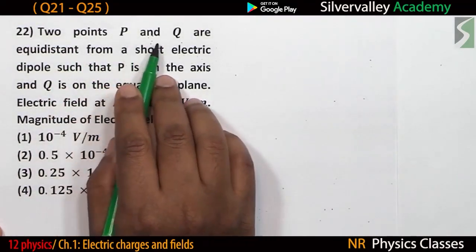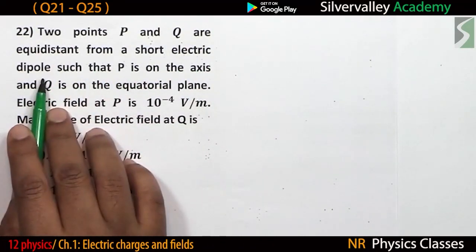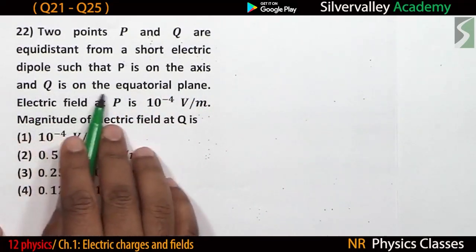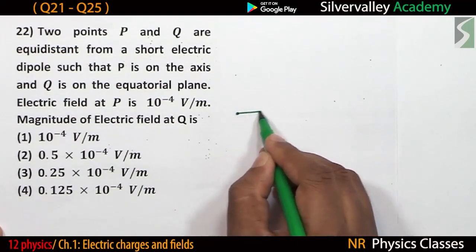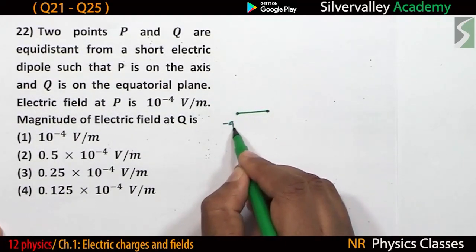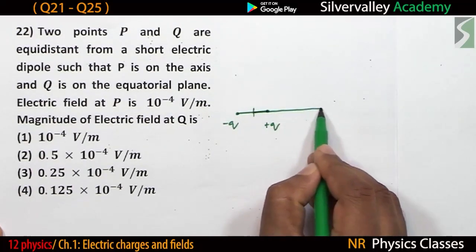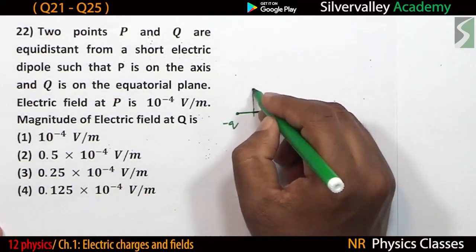Two points P and Q are equidistant from a short electric dipole such that P is on the axis and Q is on the equatorial plane. So short electric dipole, minus Q plus Q. P is on the axis and Q is on the equatorial plane.